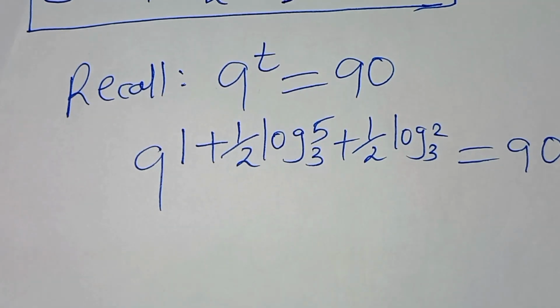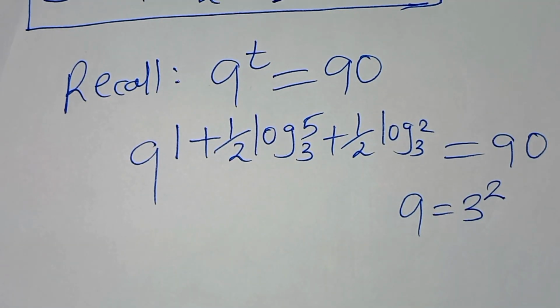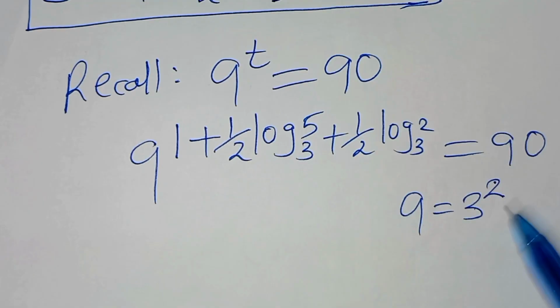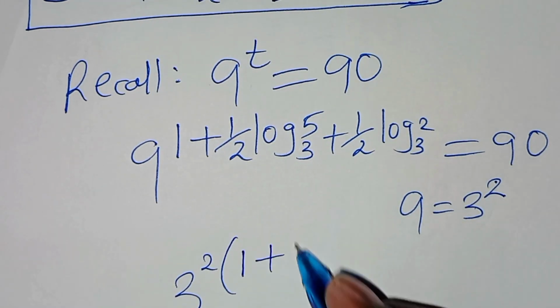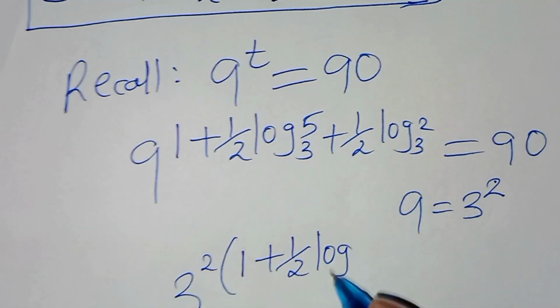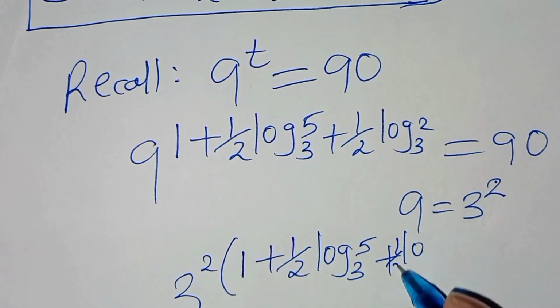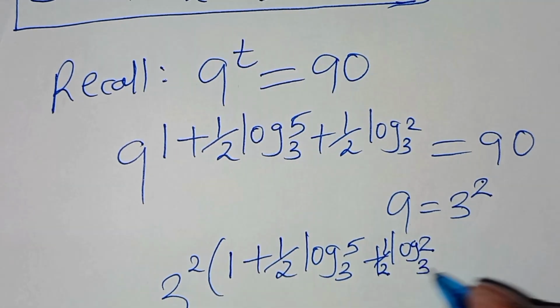The next step here, let's express 9 as 3 to power 2. So let's substitute this. This is 3 to power 2 multiplied by 1 plus half log 5 to base 3 plus half log 2 to base 3.